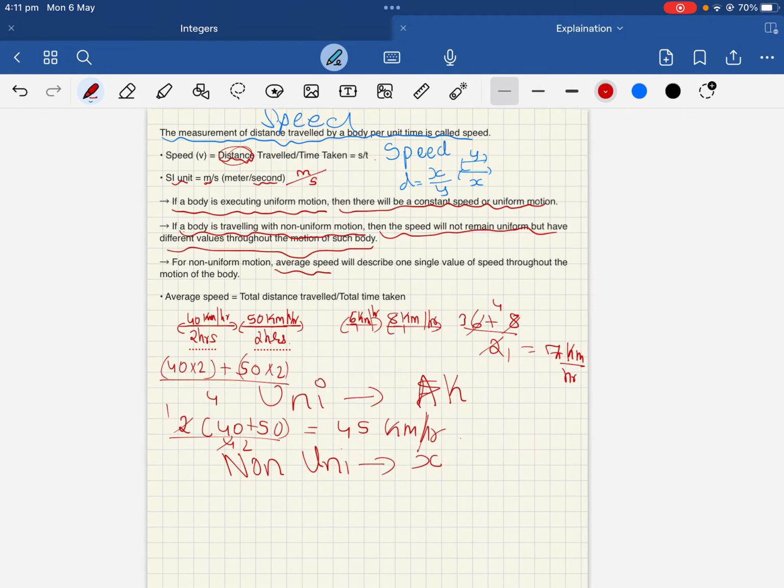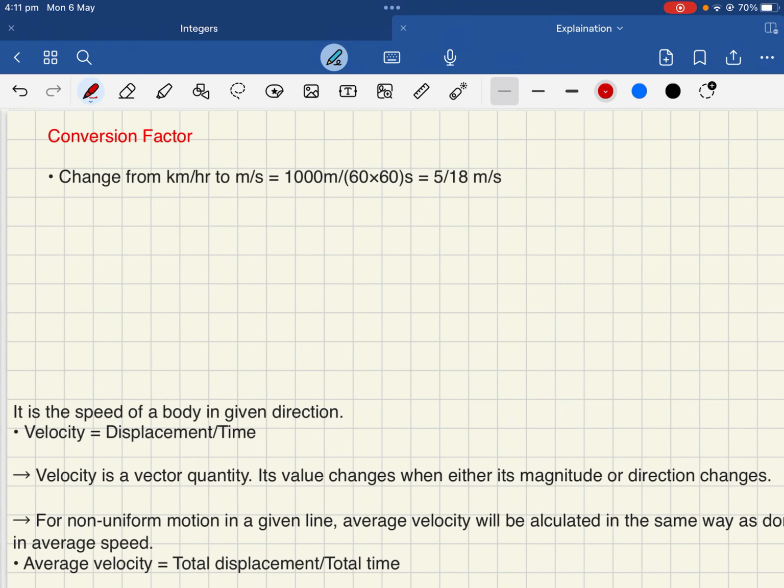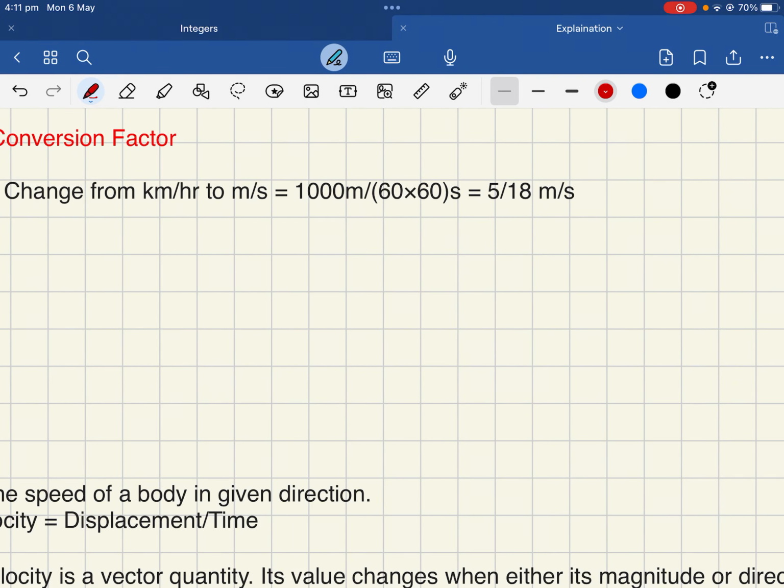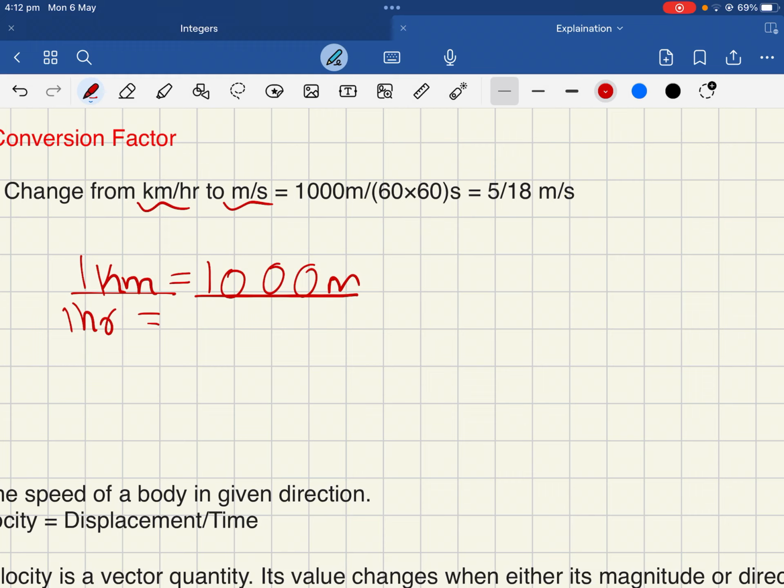Next, we have the conversion of speed. If we have to change from kilometer per hour to meter per second, what will we do? 1 kilometer is equal to 1000 meters, and 1 hour is equal to how much? 60 minutes, and that 60 minutes times 60 seconds.